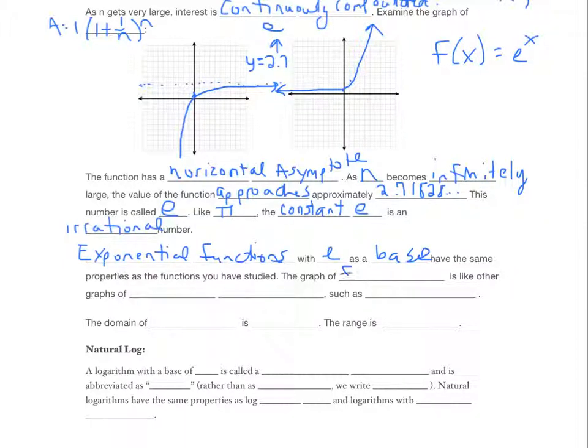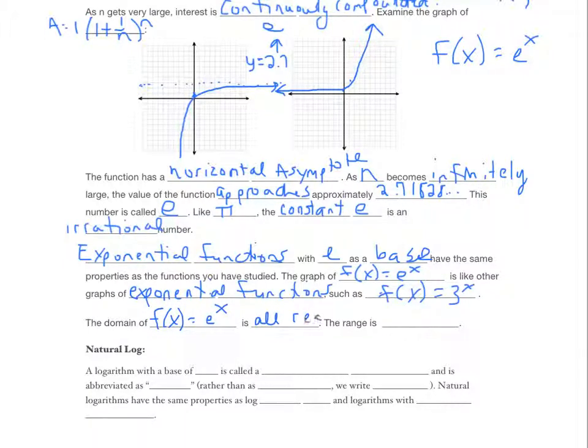The graph of f of x equals e to the x is like other graphs of exponential functions, such as f of x equals 3 to the x. The domain of f of x equals e to the x is all real numbers, and the range is y greater than 0, which is what you found for the other exponentials.